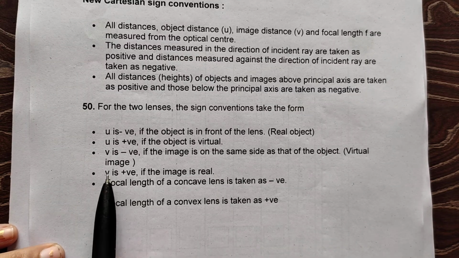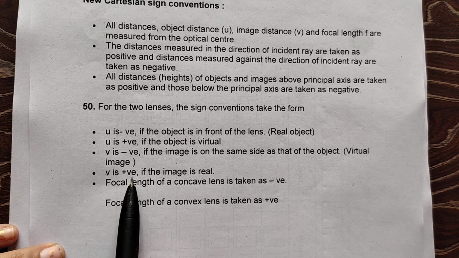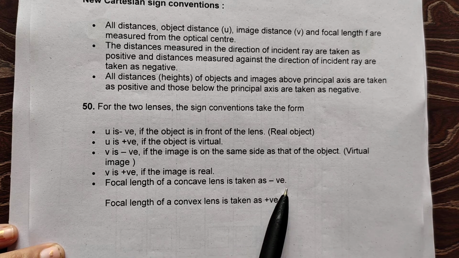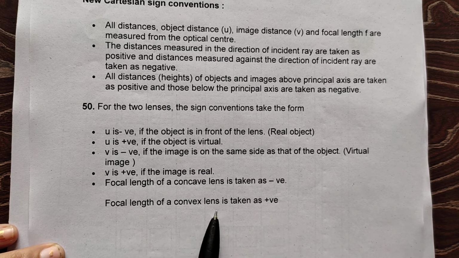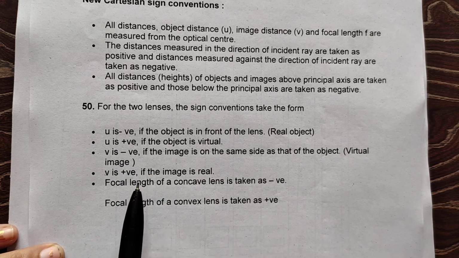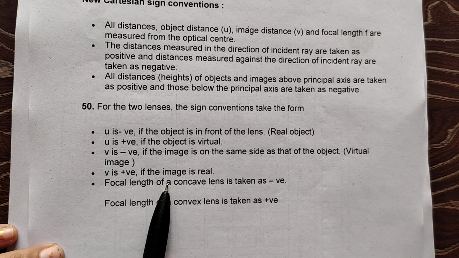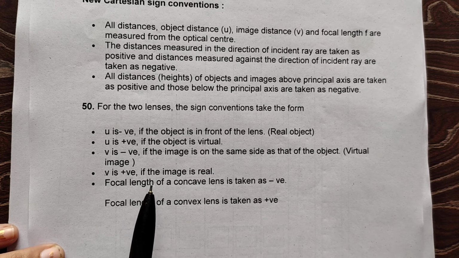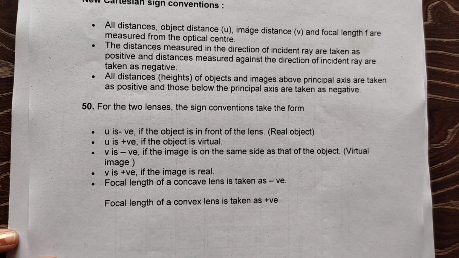Then V is taken positive if the image is real, and the focal length of a concave lens is taken negative, while the focal length of a convex lens is taken positive. So these are the sign conventions that you have to use while we are going to use a concave or convex lens.